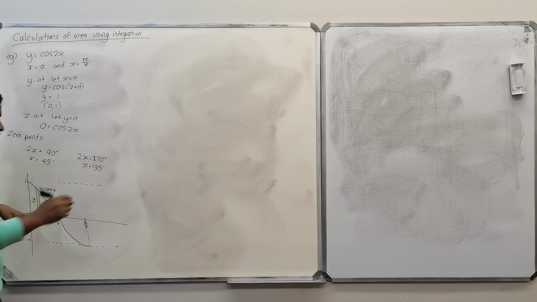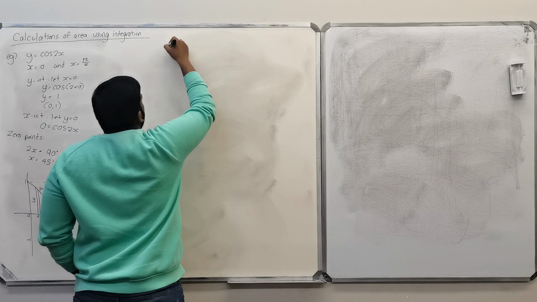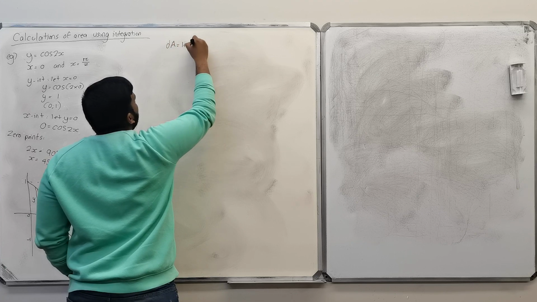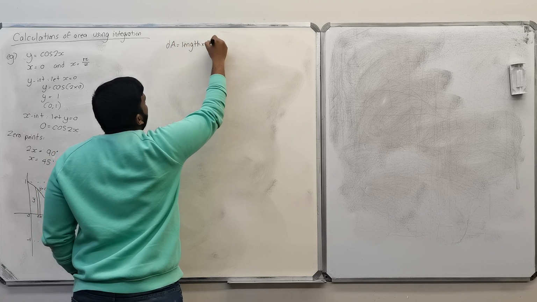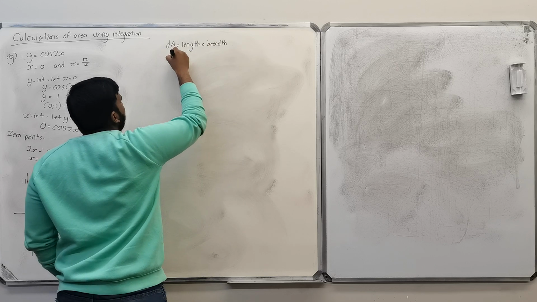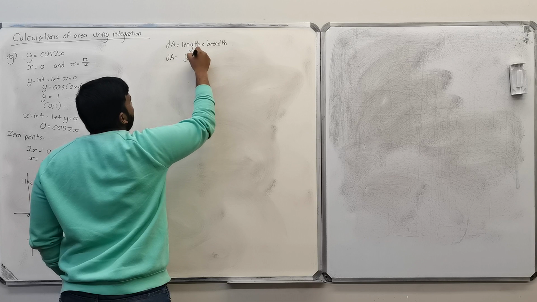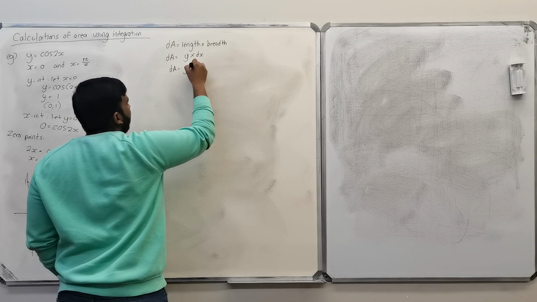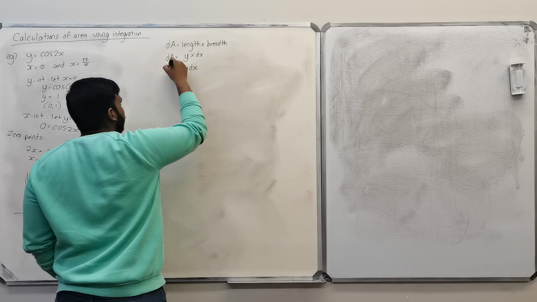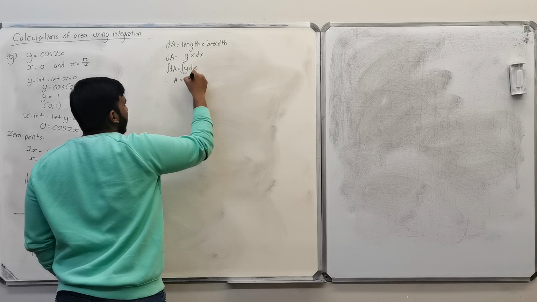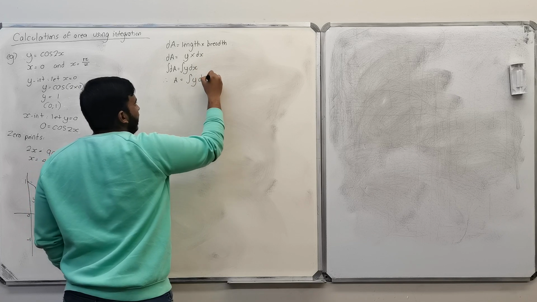Okay. So we're going to say that dA is equal to length times breadth. Then dA is equal to y times dx. When you introduce your integral sign, you're going to end up with A equal to the integral of y dx.